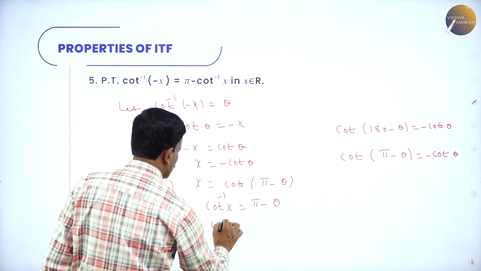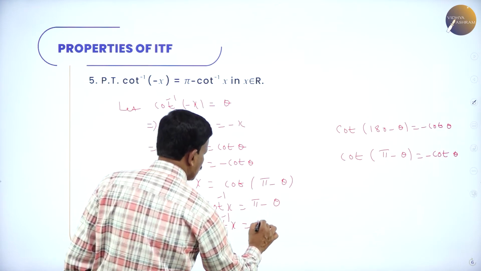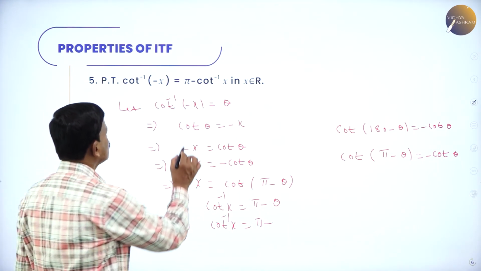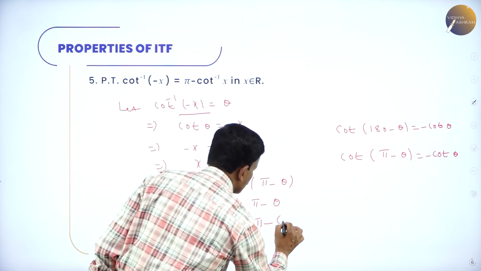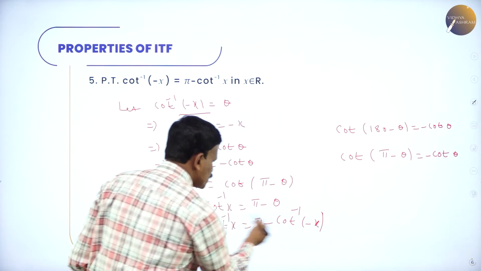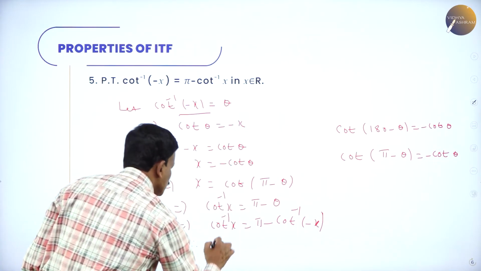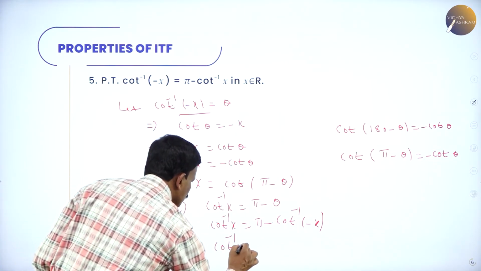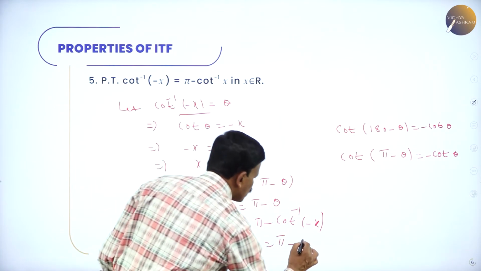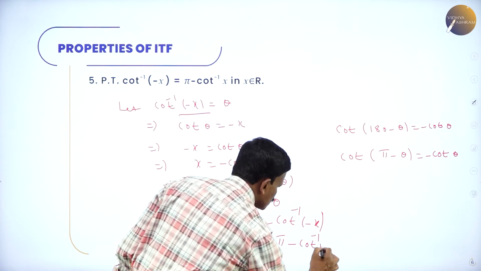So therefore, cot inverse of x is equal to pi minus theta, and theta is cot inverse of minus x. Interchanging and transferring this, cot inverse of minus x can be written as pi minus cot inverse x. This is the proof.